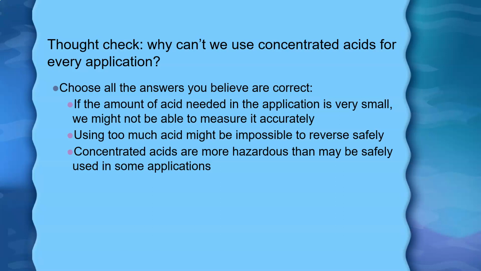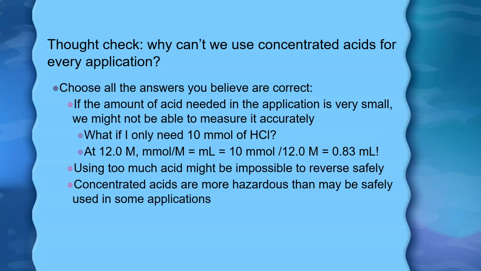So what of these answers do you believe is correct? Well, if you said all of the above, exactly, all of the above. For example, let's say I only needed 10 millimoles of hydrochloric acid. If I only needed 10 millimoles of hydrochloric acid at 12 molar, I would need less than 1 milliliter of acid.